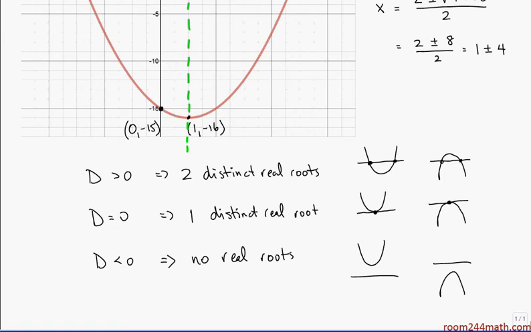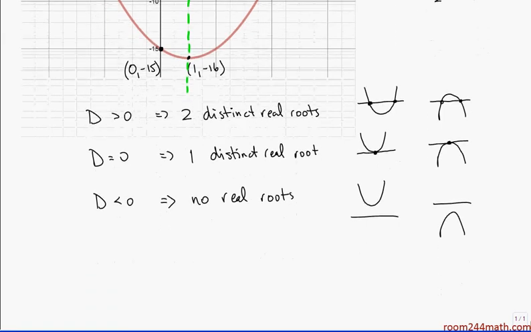Now, taking this a step further, can we make sense of an equation like y equals ax squared plus c? So this is a quadratic function with no x term.